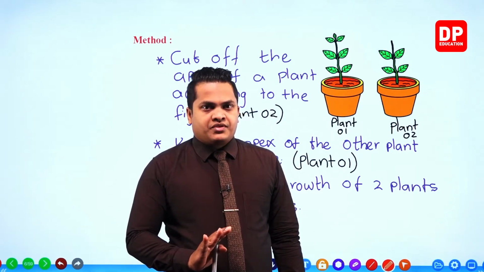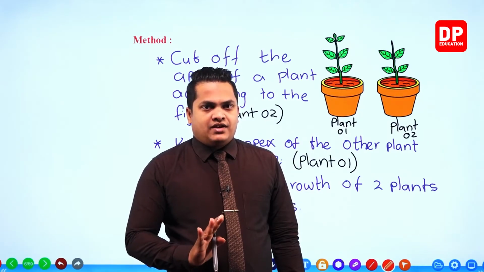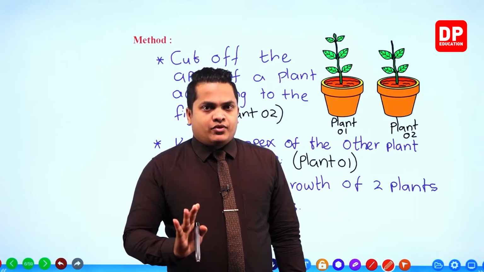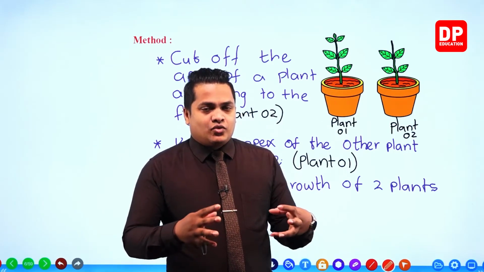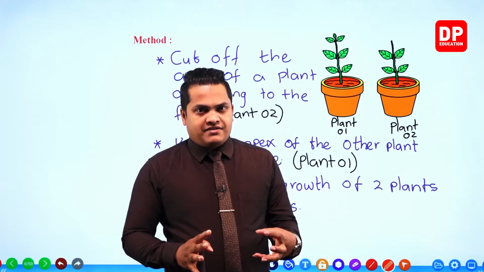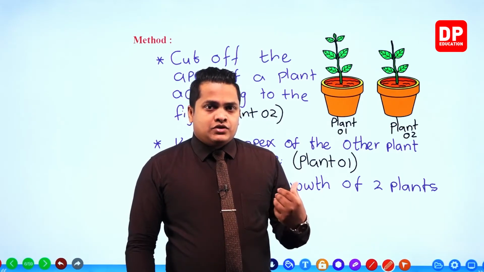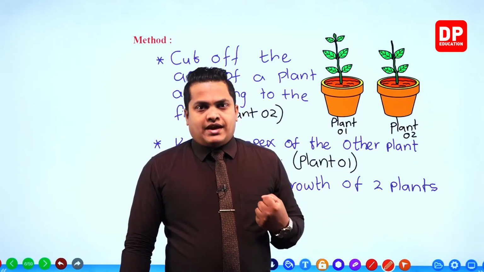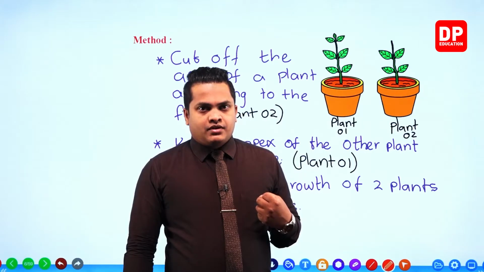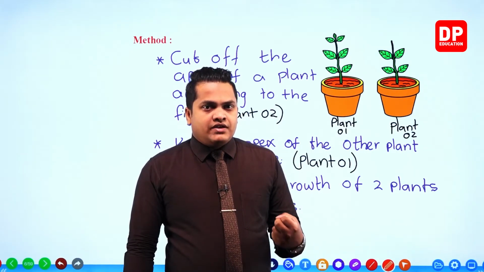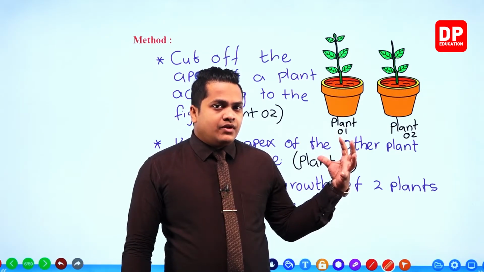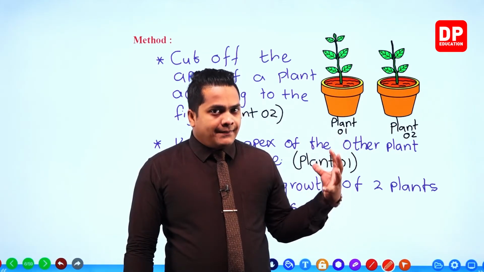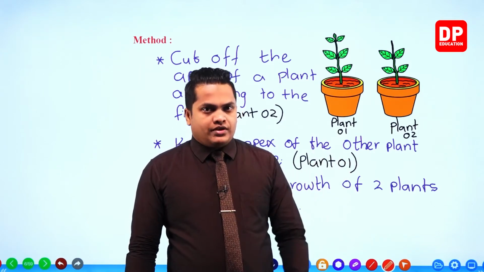When I'm doing the activity after removal of the apex, I'm going to show that it's not going to affect to a higher level or a higher value. So this is the way of doing the activity, my dear children. So here we are focusing on whether there is an effect of the apex of the plant on the growth.